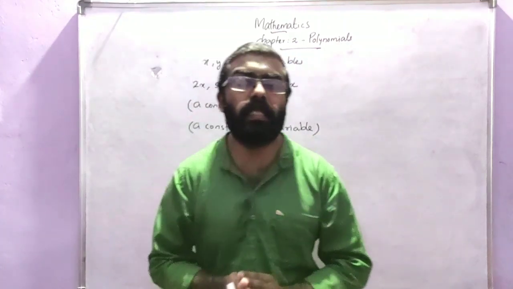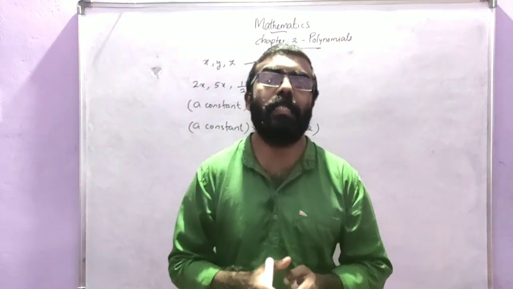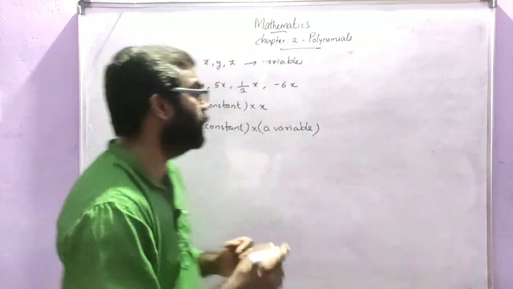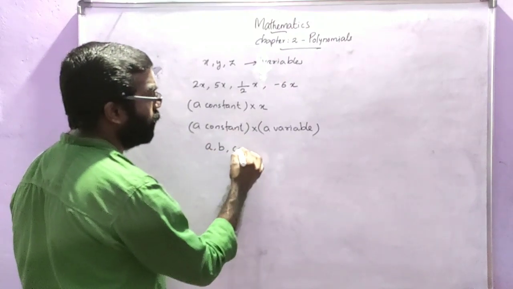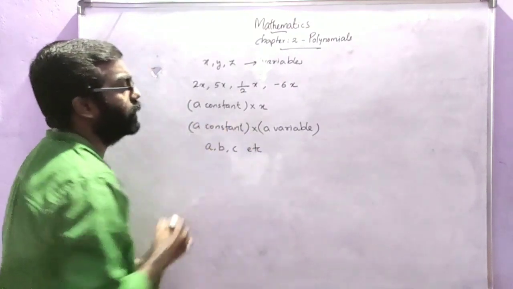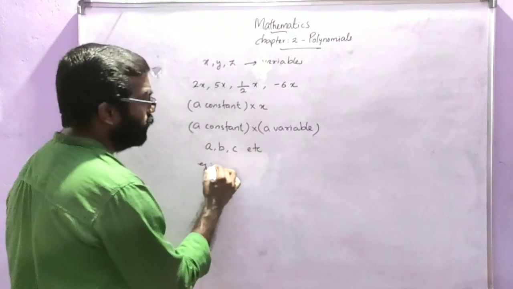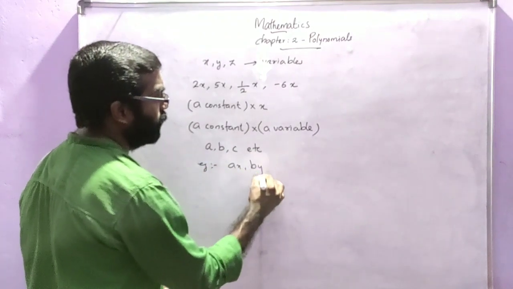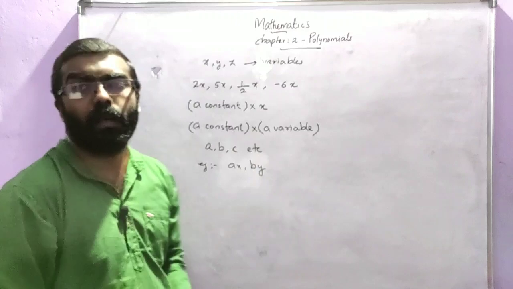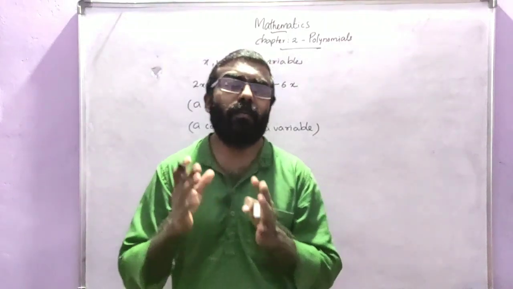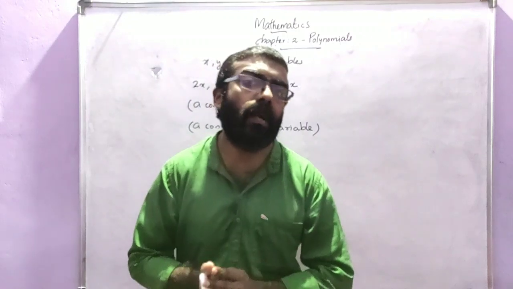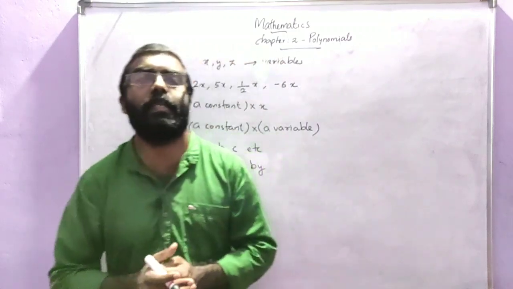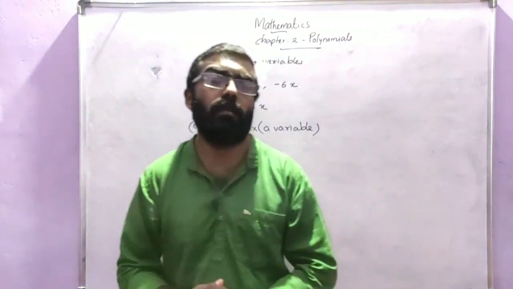In such cases, we write the constant as a, b, c, etc. That is, it is denoted by small letter a, b, c, etc. For example, ax, by or something like that. However, there is a difference between a letter denoting a constant and a letter denoting a variable.